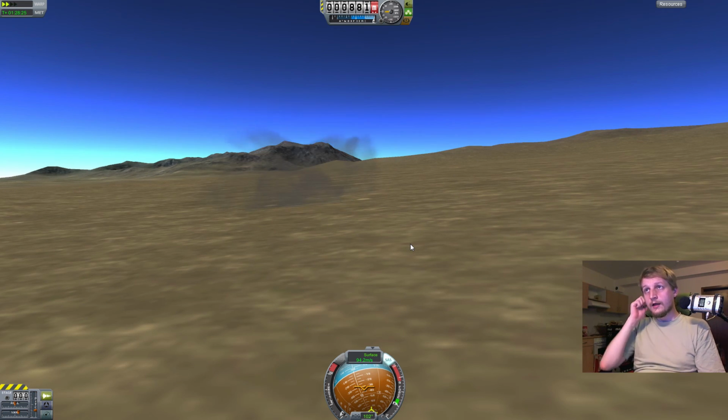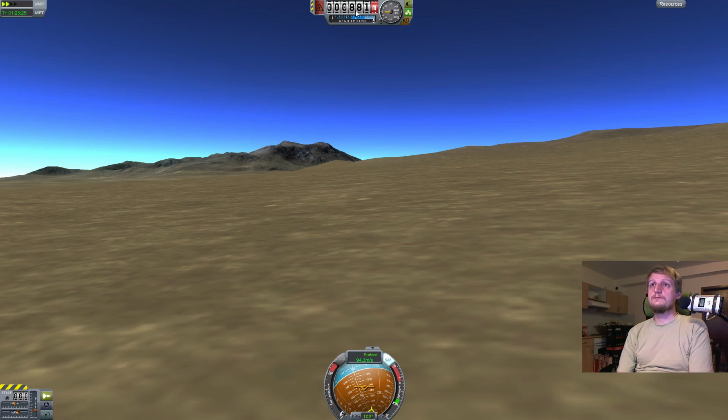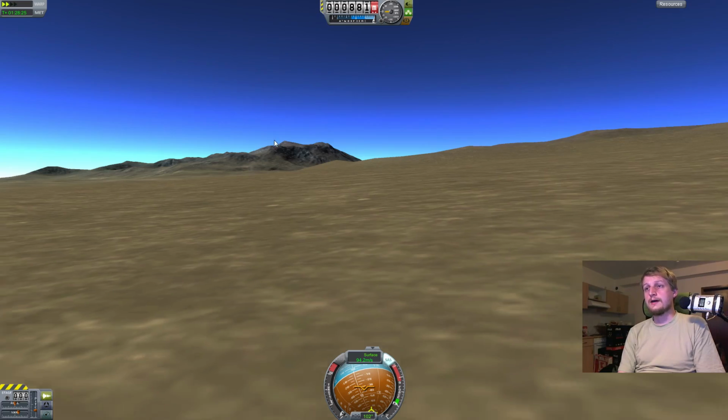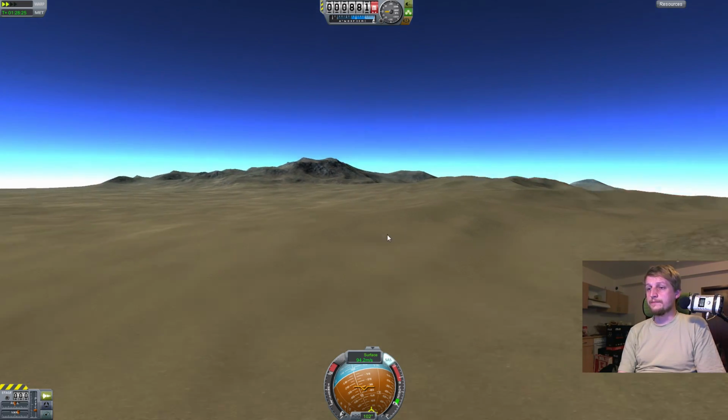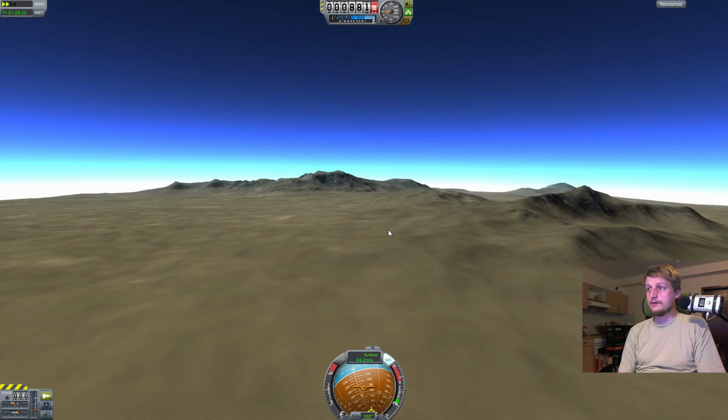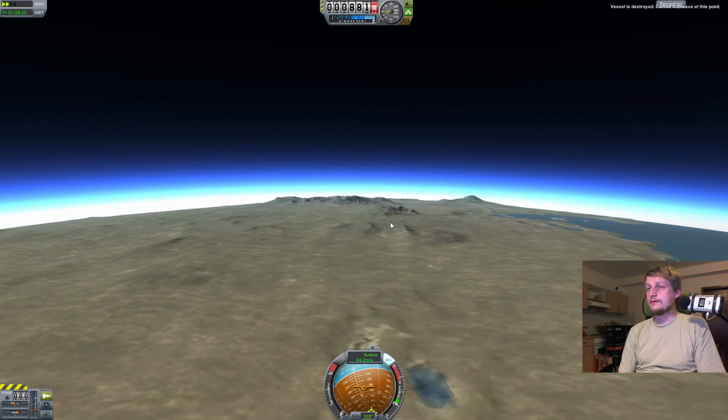Wonderful. What I forgot was that this actually doesn't show you the altitude above ground, but above sea level. Of course, if there are 1,000 or 2,000 meter high mountains, we will hit the ground much earlier than 0.